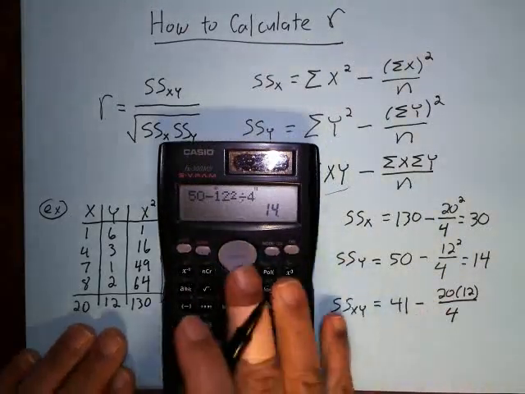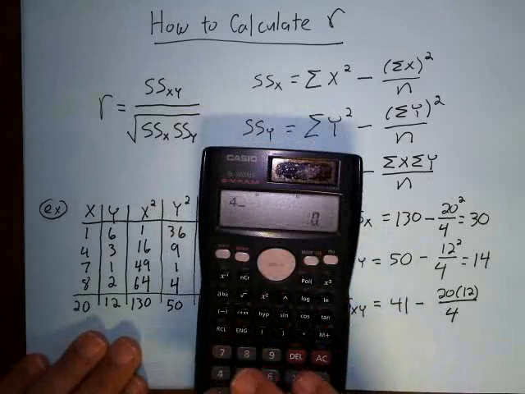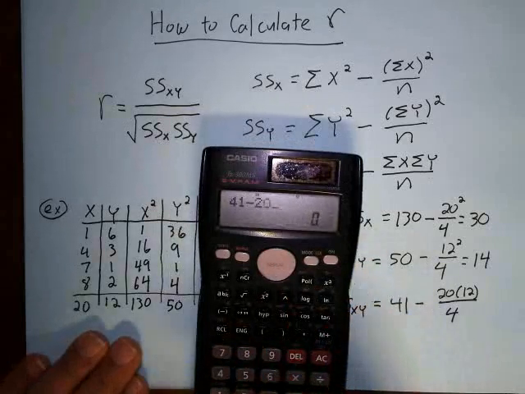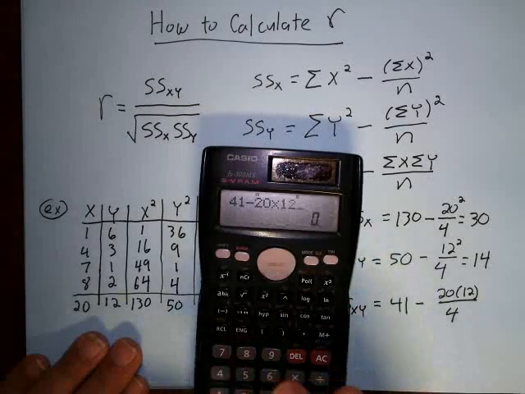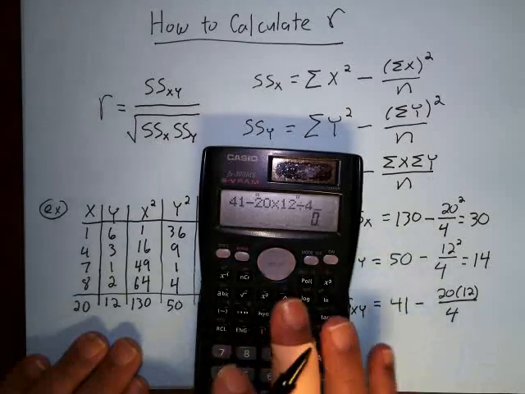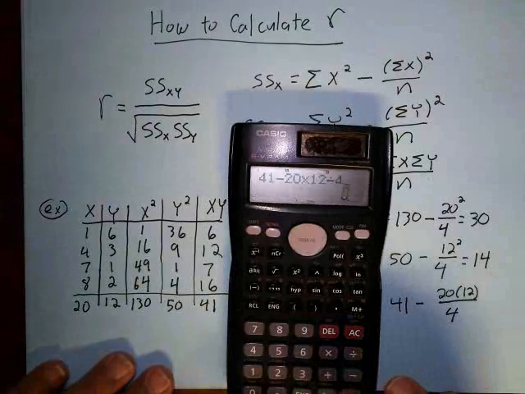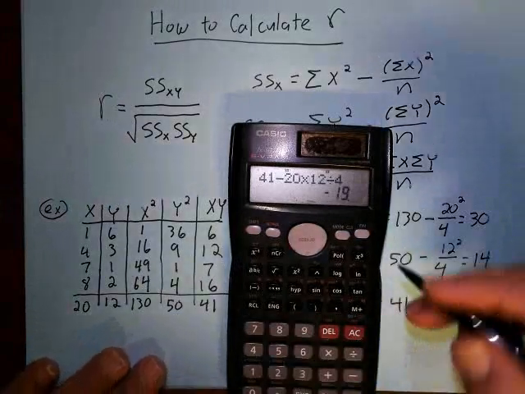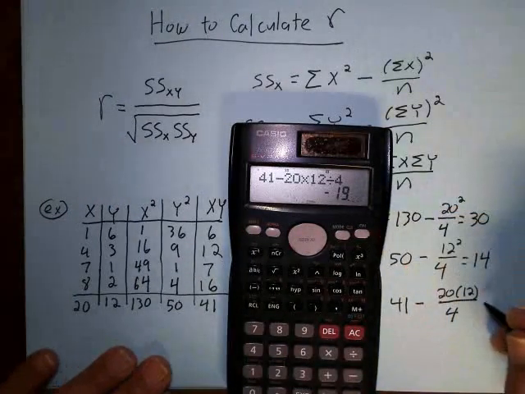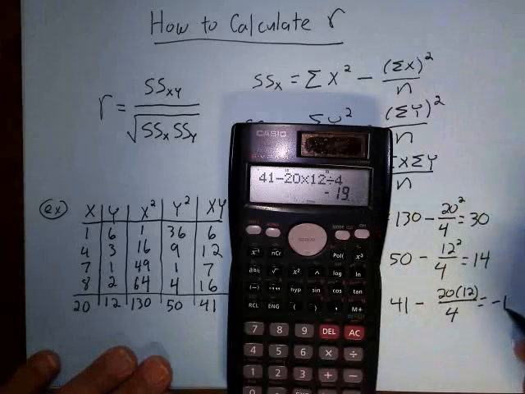Okay, so 41 minus 20 times 12 divided by 4. And you can put that in there without parentheses. You'll get it. You could use parentheses, but you don't need it. And so this is negative 19.